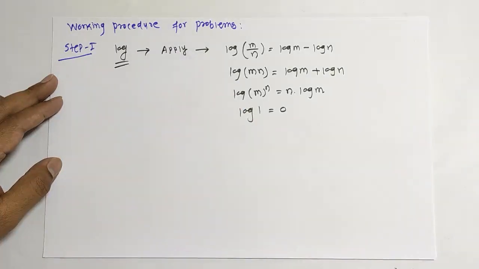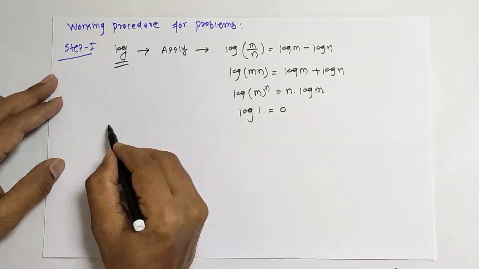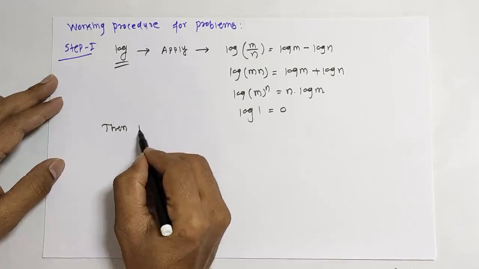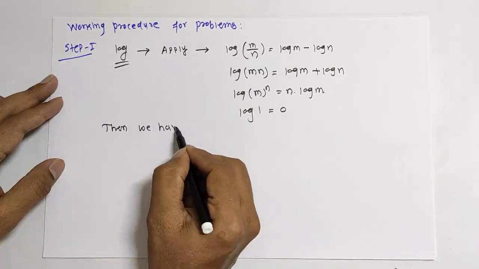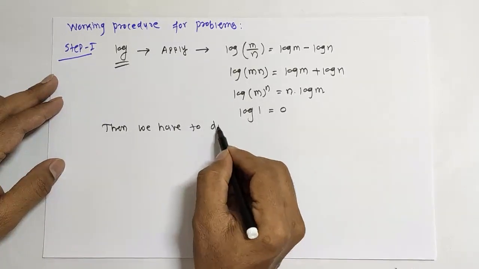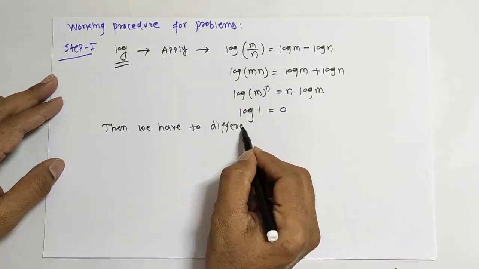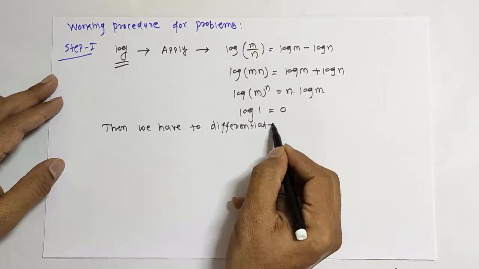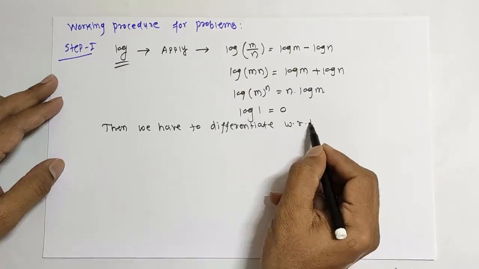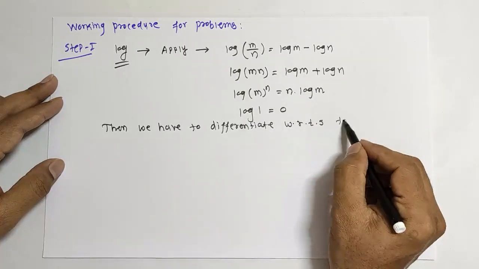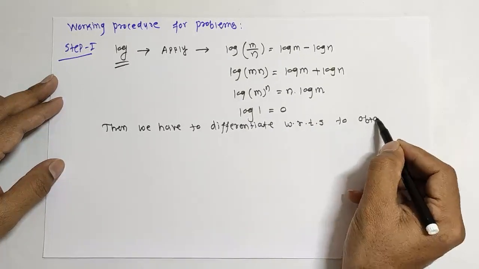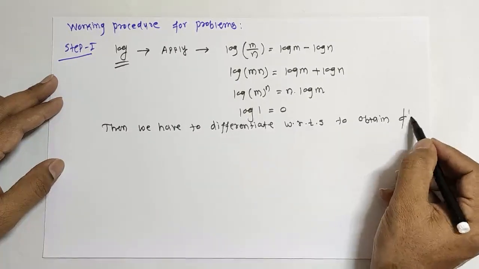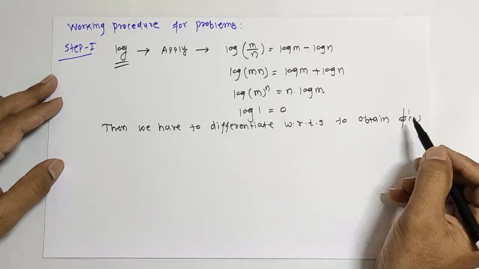Then we have to differentiate with respect to s to obtain phi dash of s. Right.